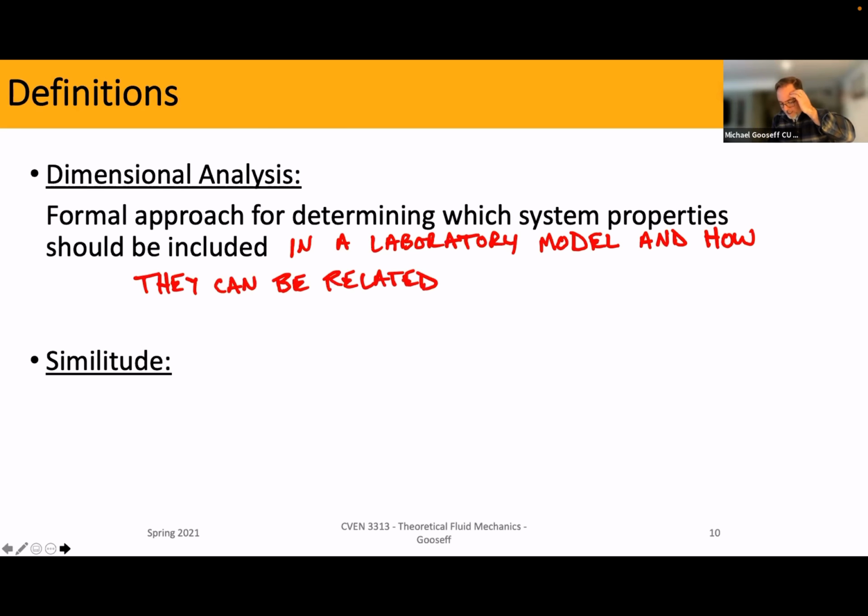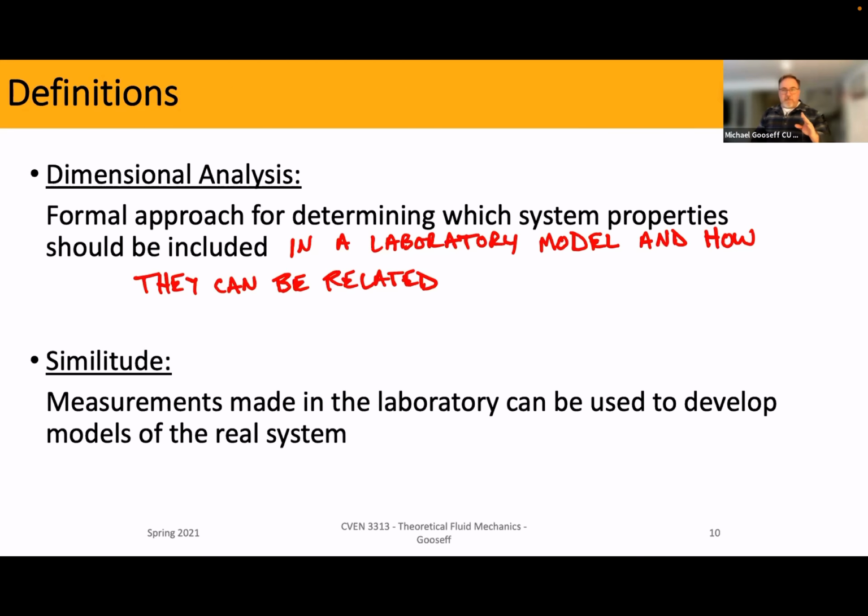Similitude, on the other hand, is essentially the measurements made in the laboratory that can be used to develop models of a real system based on scaled experiment design.